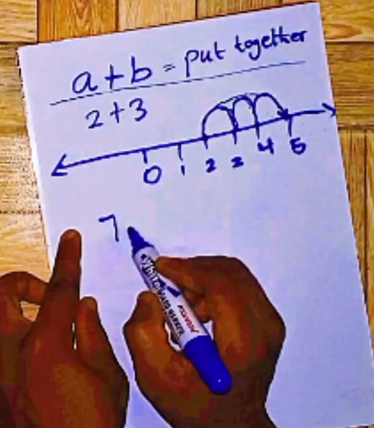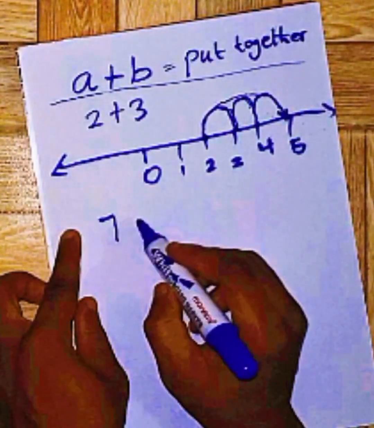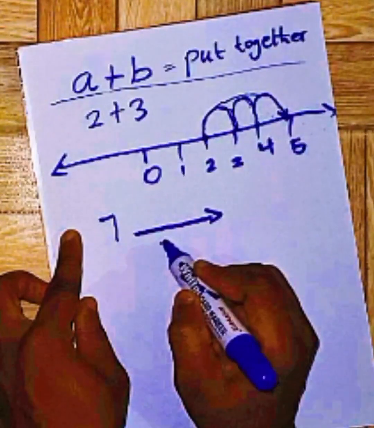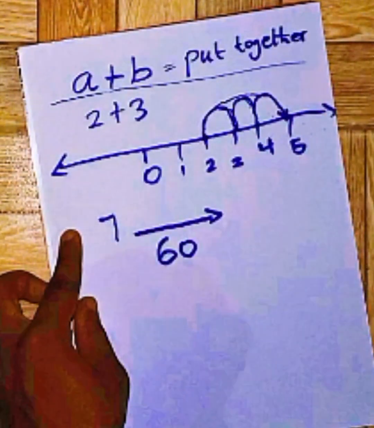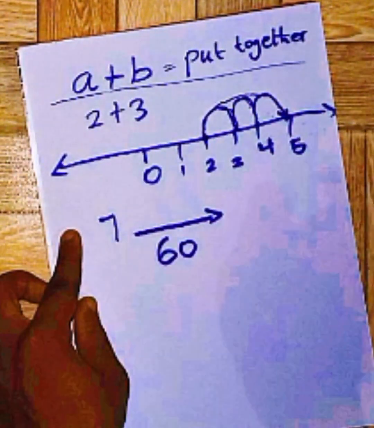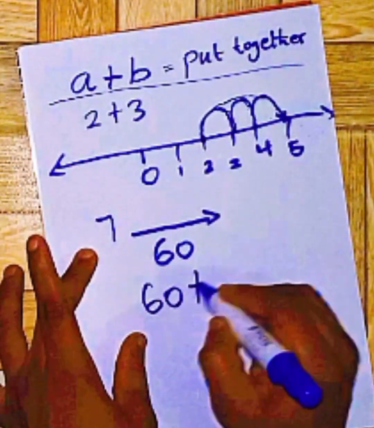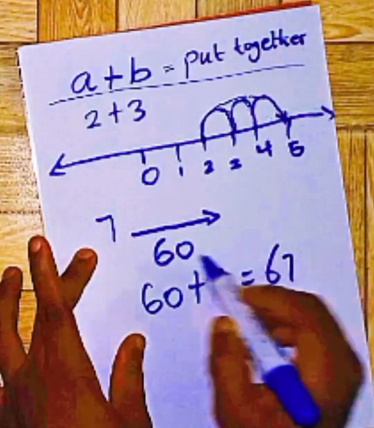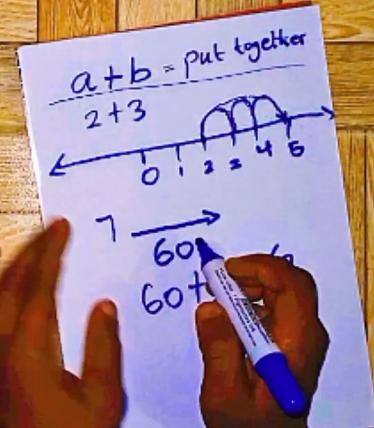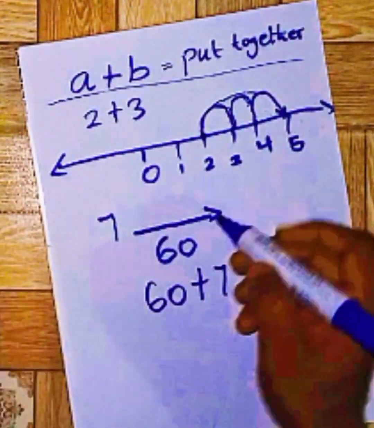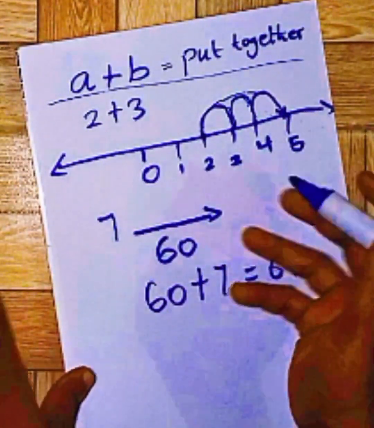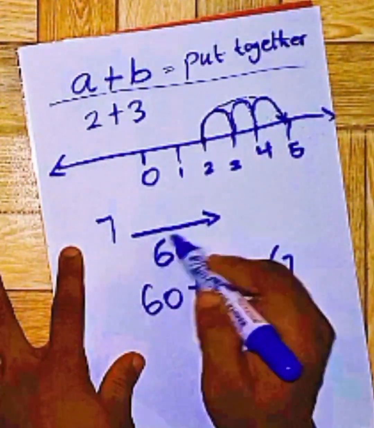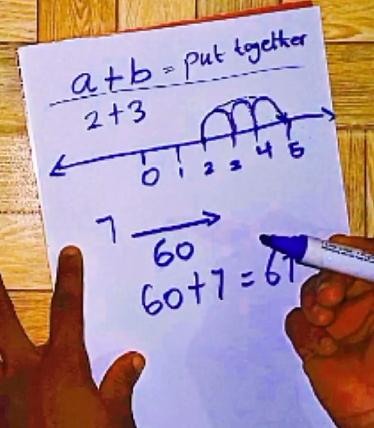Let's assume you have a number like 7 and they say move to the right by 60. Let's assume for a while you are going to do 60 plus 7 and get 67. Okay, let's assume you don't know this, and then you want to do, okay, 8, 9, 10, 11, 12, and so on and so forth. That would waste your time, because by the time you exhaust this 60, you would have been tired.